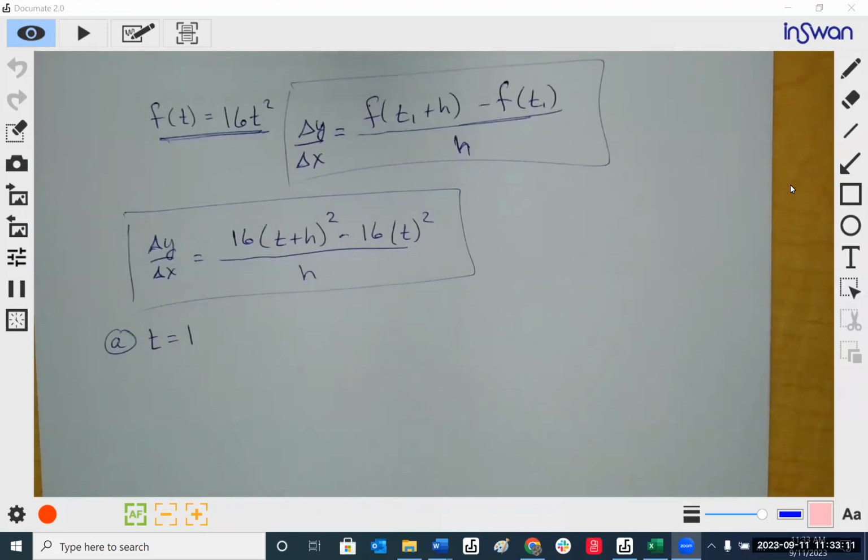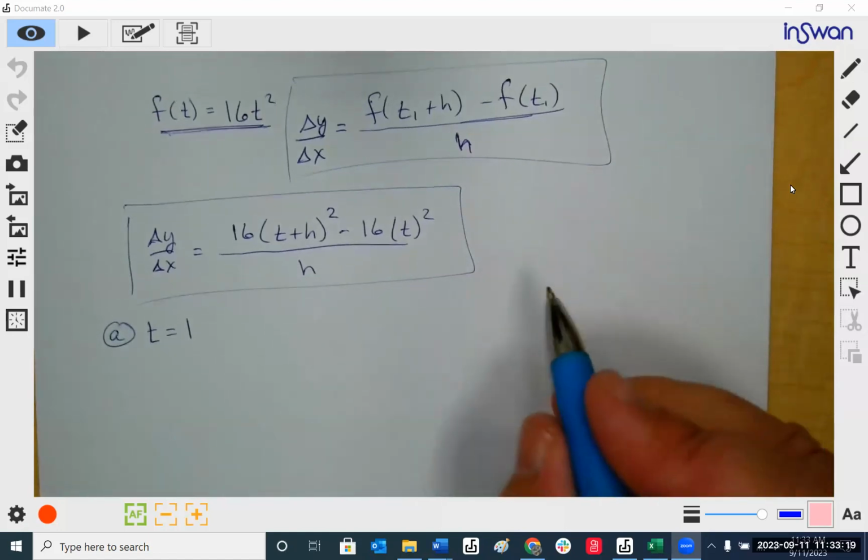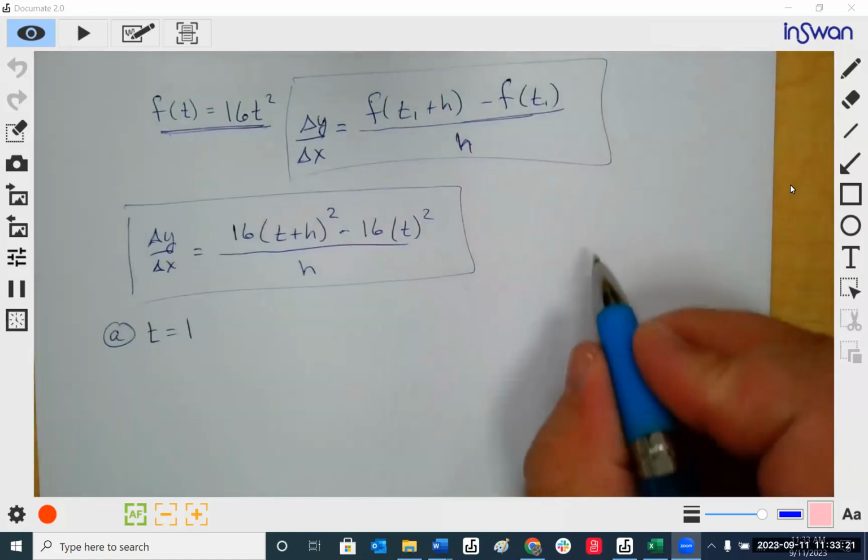Remember, we started off with the average speed of the object, right? We start with the average speed.